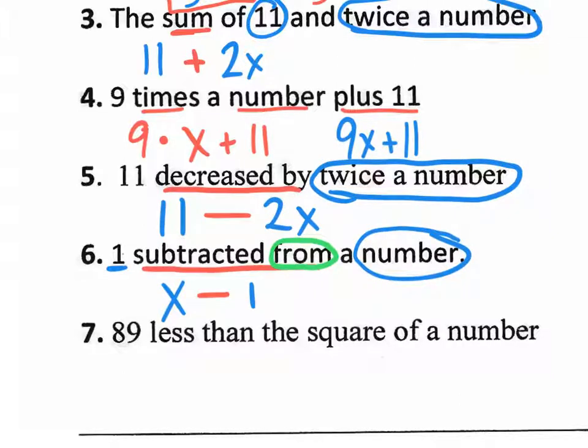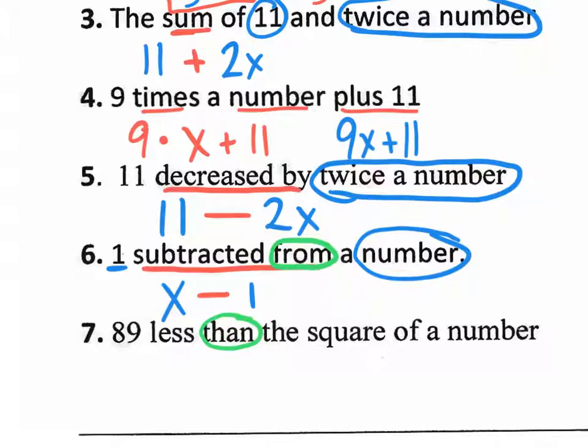And you could use any variable you want, technically. It could be n minus 1, right here, x minus 1, whatever you want. Again, the words from or than imply a switch. So like right here, we have the word than. That's going to be a switch in order. Okay. So again, the words from or than imply a switch.